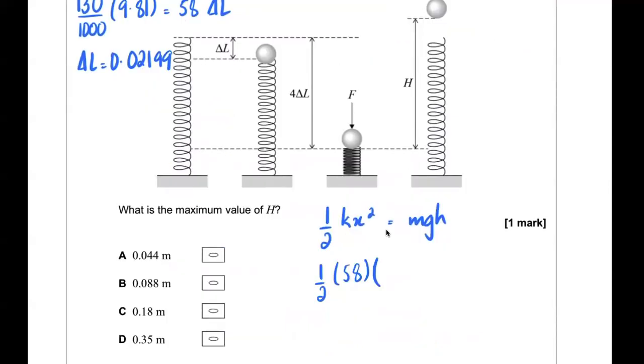Again, let me write this as delta L to avoid confusion. So this is going to be 4 times that. Times 4 is 0.08795 squared equals mgh.